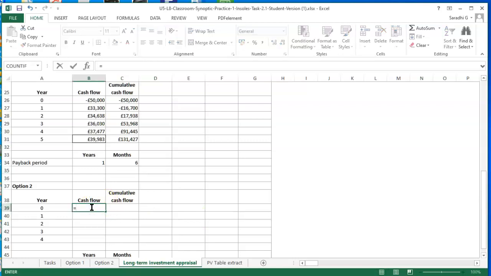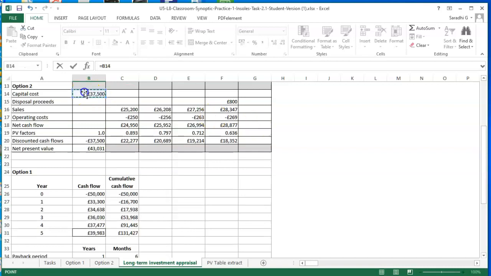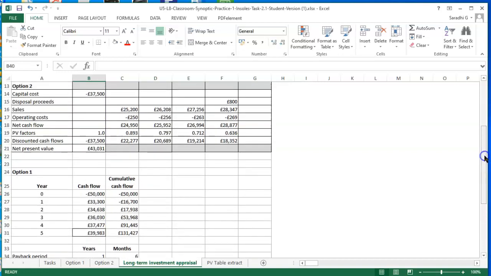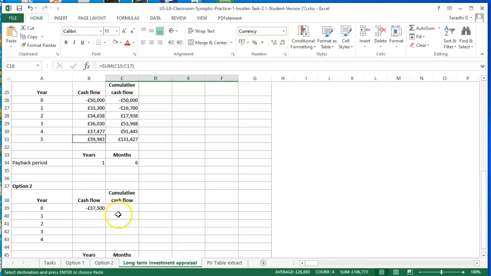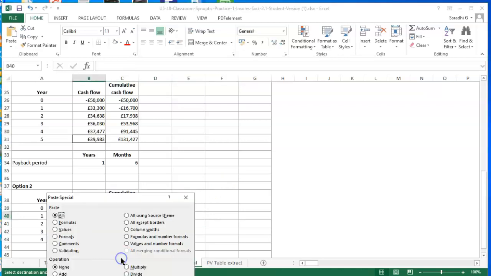Cash flow equal to 37,500. Then the remaining copy and paste link. Let me try if I can do all of them together. So Control C, paste special.